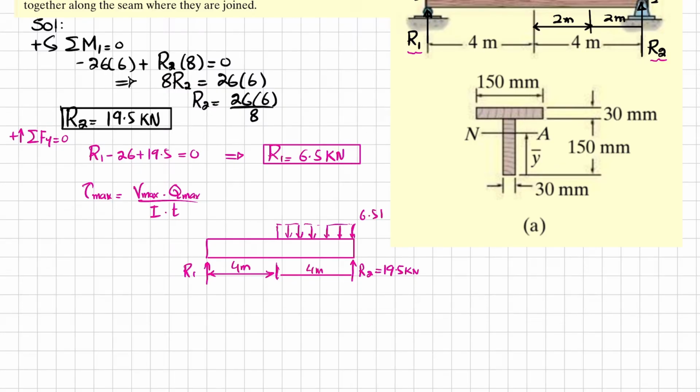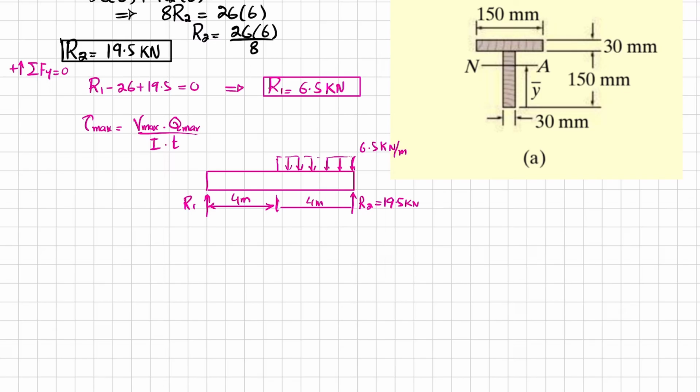Then we will draw two lines from the ends of this beam, and there is a horizontal line to show the length in meters. So this is x in meters, and there we have the shear force in kilonewton.